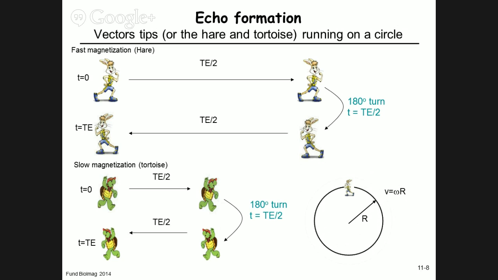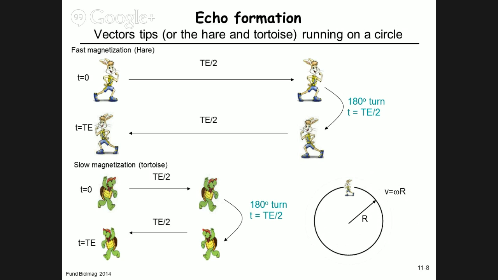Now you can imagine a whole family of tortoises and hares doing this, all running at different speeds, because I haven't told you what their speed is. It's independent of their speed. It could have been any speed that they had. So you can imagine thousands of hares and tortoises running around. They will all end up somewhere on the circle at different points. They will all flip their direction at the same time, and they'll run back at the same speed, and they'll all end up again at the same point where they started at the beginning.